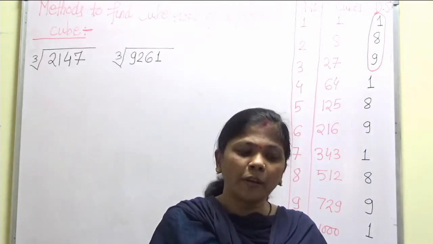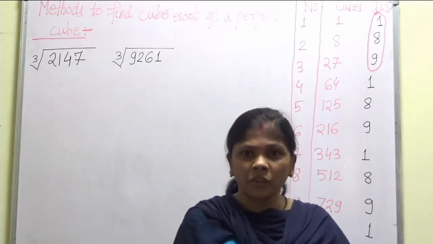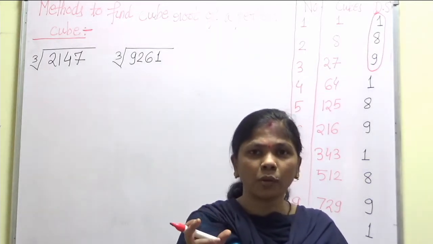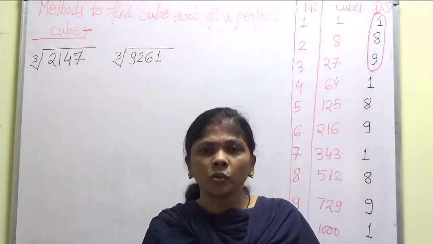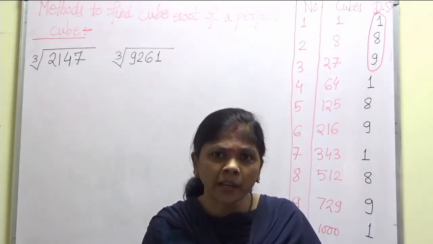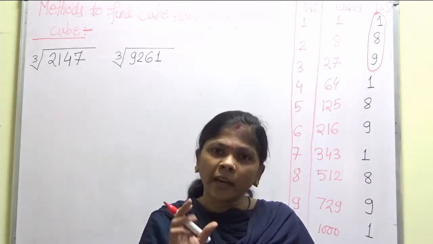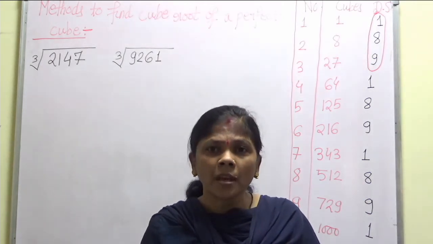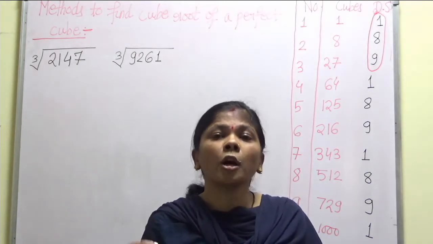For verification, the method suggested is prime factorization. That gives you the guarantee whether a given number is a perfect cube or not. You may say, if there is no guarantee, then why are you telling us these digital root criteria? The digital root criteria helps us eliminate non-perfect cubes.